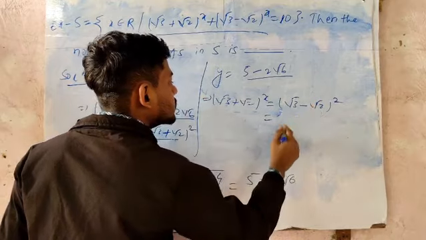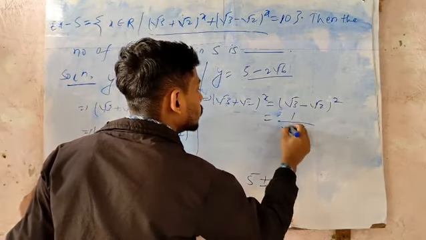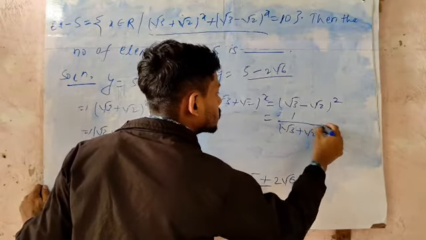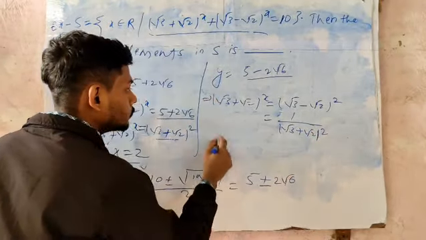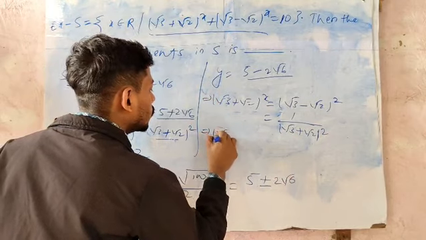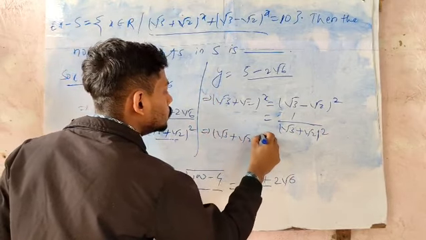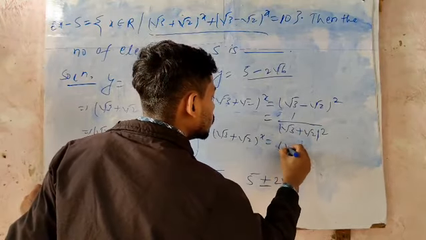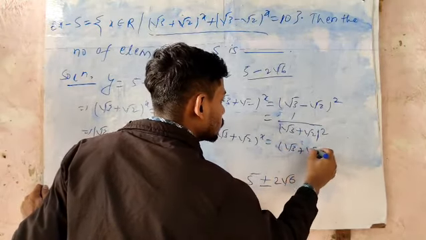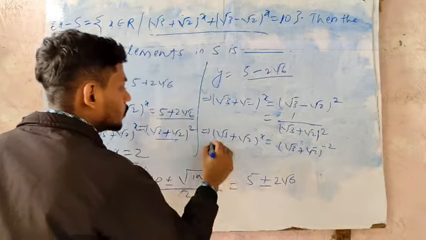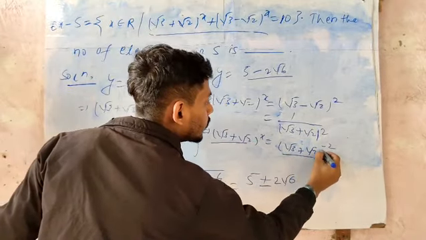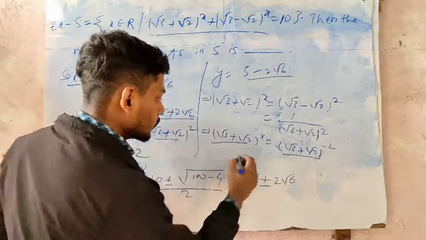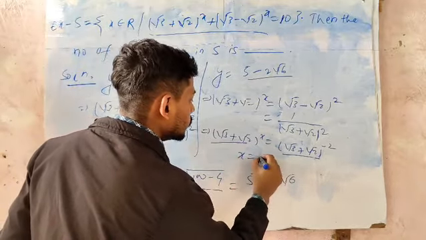We can write this as 1 by root 3 plus root 2 whole square, so this will become root 3 plus root 2 to the power minus 2. Now by comparing the powers of these two, we get x equal to minus 2.